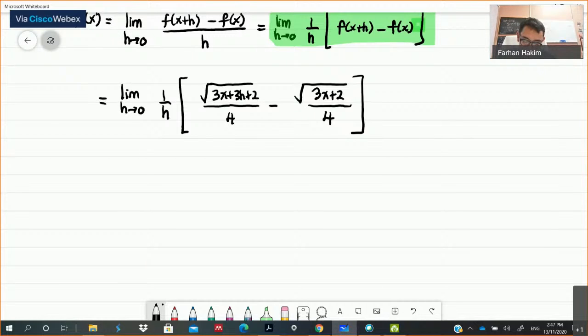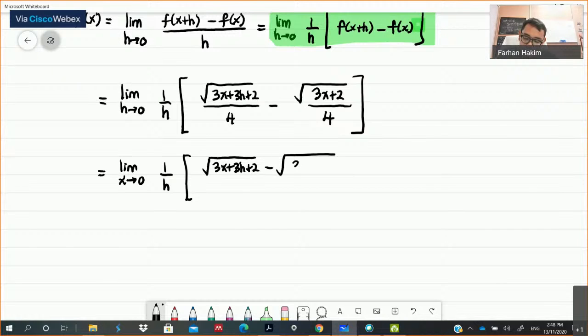How to do this? Firstly, I'm going to simplify by writing that subtraction as a single fraction: the square root of 3x plus 3h plus 2 minus the square root of 3x plus 2, everything divided by 4.